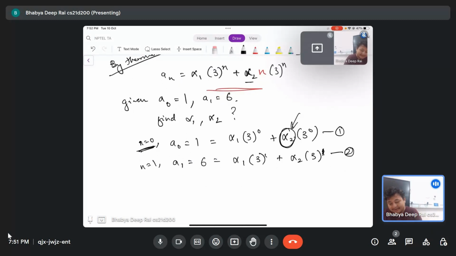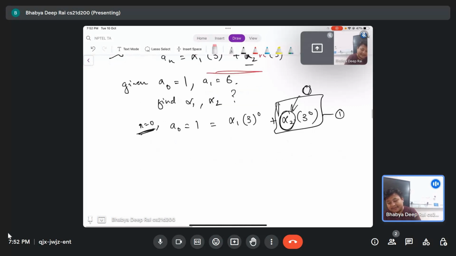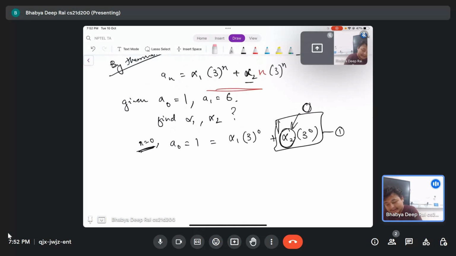When n is 0, this entire term will become 0, because the factor of n is there and n is 0.